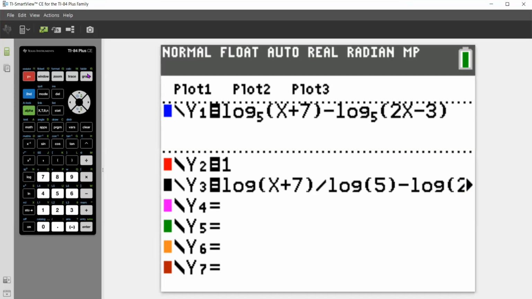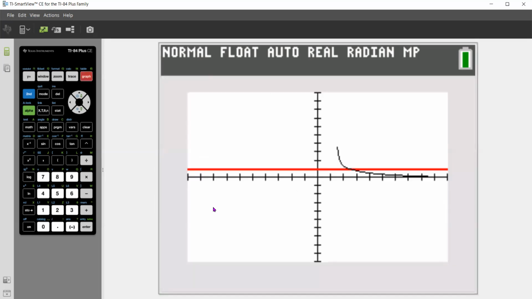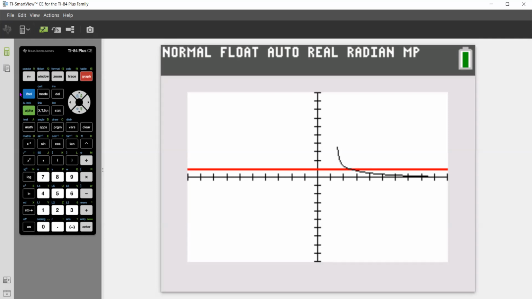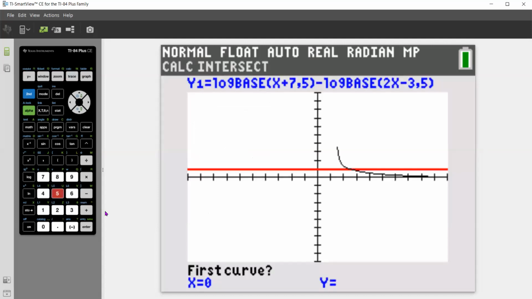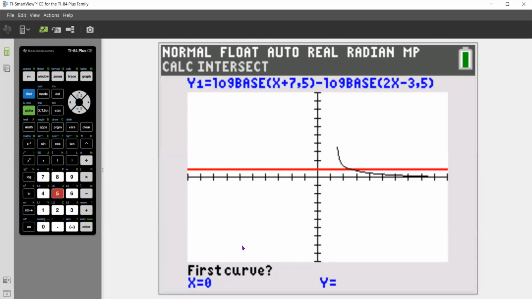All right, so let's go back to the graph. We do notice that there's a clear point where the two graphs intersect, where that log function and 1 intersect. So I'm going to use second trace, and pick option 5 for intersect. And again, it's looking for the first curve. Notice it's looking for my blue curve, but there's no asterisk anywhere.